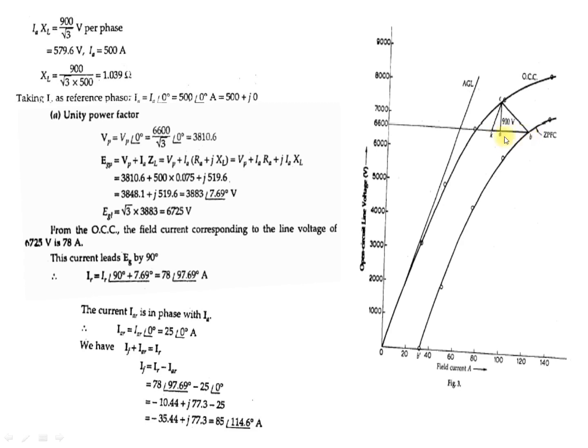So that is going to be one section, and another one is going to be the field current which is required for supplying the voltage drop due to the armature leakage reactance.